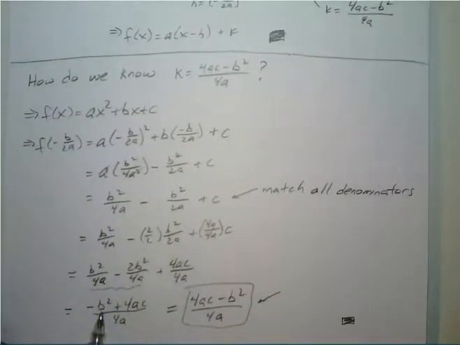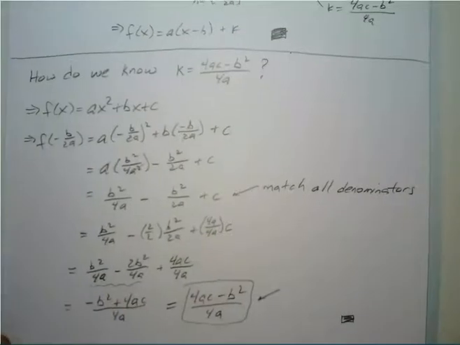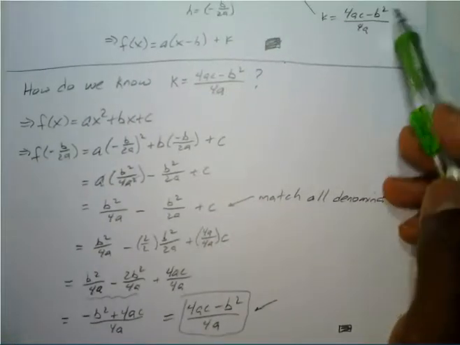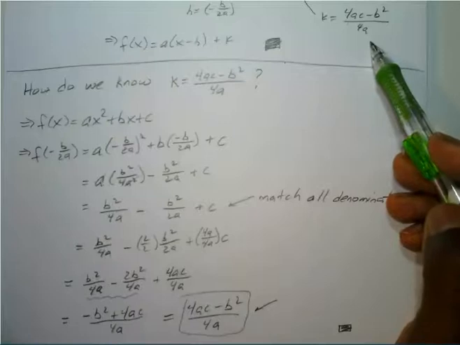So you have b squared minus 2b squared, which is negative b squared, plus 4ac, all over 4a. Then we just go ahead and switch those around. So we have 4ac minus b squared over 4a, which is our k value.